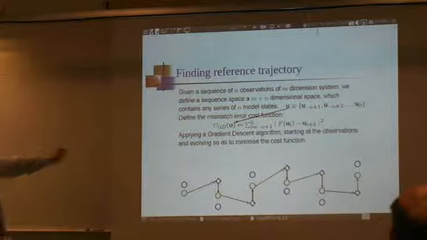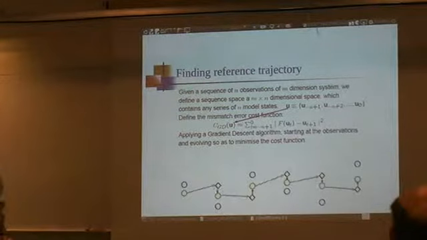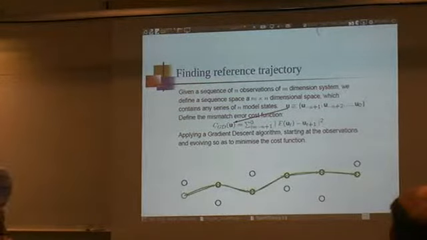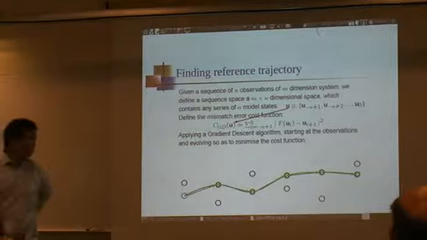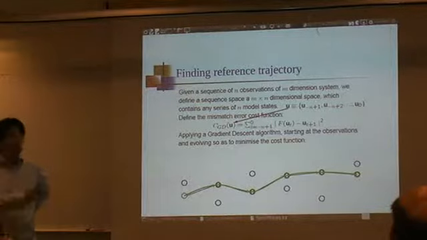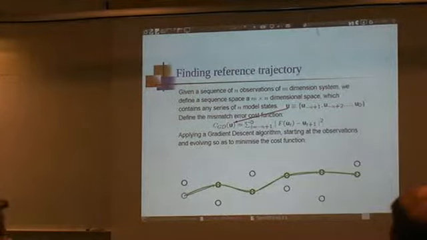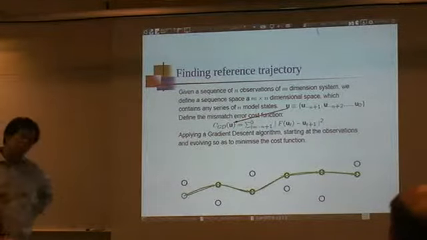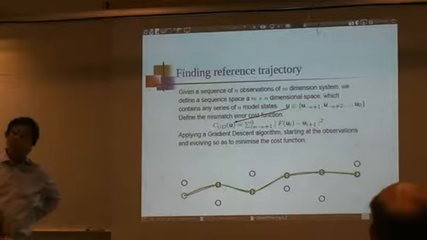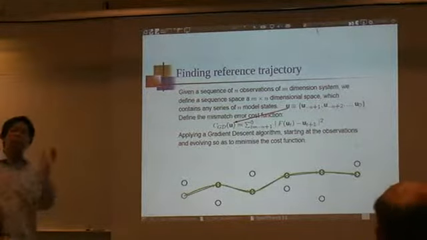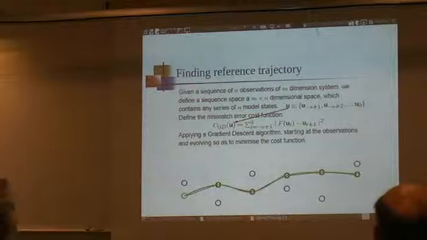So the cost function gets smaller and smaller, and eventually it converges to a trajectory manifold. There's a nice property of this cost function: it has no local minimum other than 0, so you will always converge. You will always find a trajectory in the end. All the local minima define the trajectory manifold.